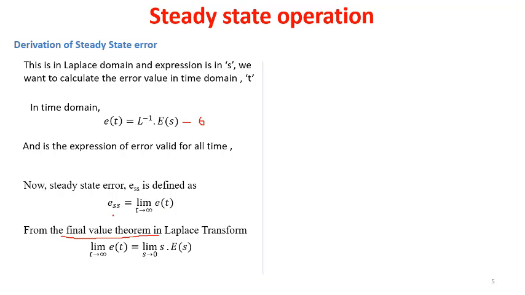Hence steady state error can be written in a similar manner. Wherever we have E(s), we are going to substitute this one. So here we get ESS, that is steady state error, equal to limit s tends to 0 s into, here we had E(s), we are going to substitute it from equation 5, that is R divided by 1 plus G(s) into H(s).